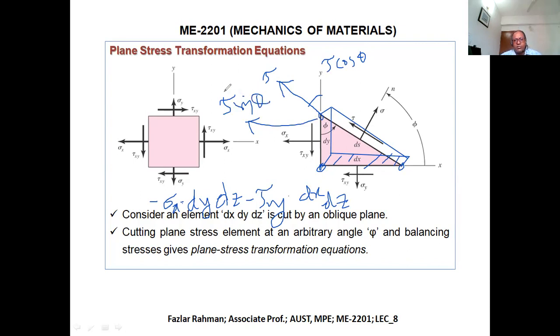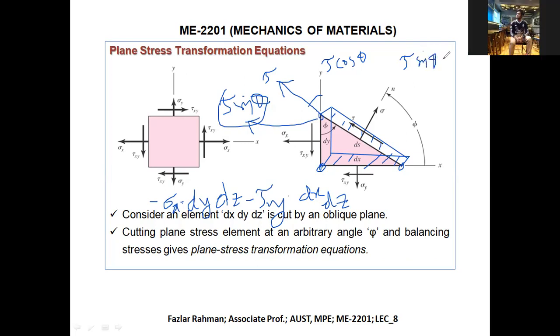So this tau sine theta, if you multiply by this area, you'll get the force. That means the force is tau sine theta into area. What is the area? This distance we consider ds, so ds into width. What is the width? dz. So this value will be negative.